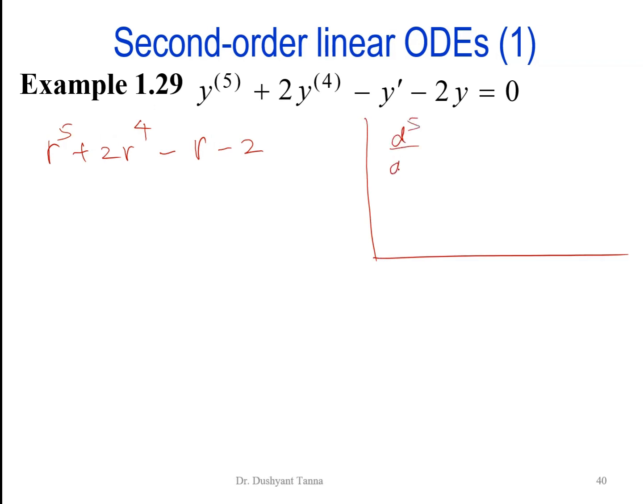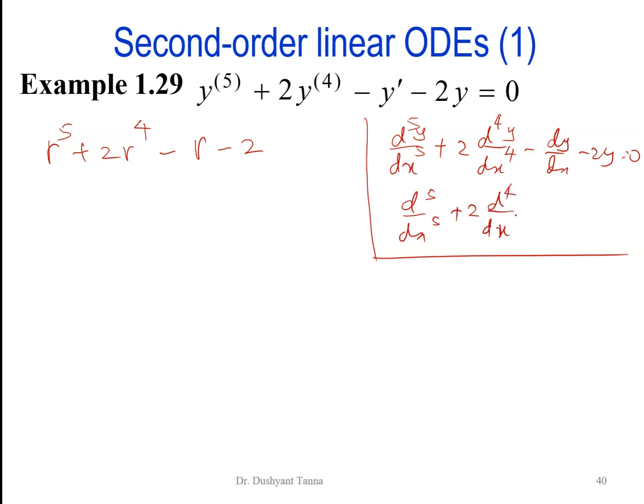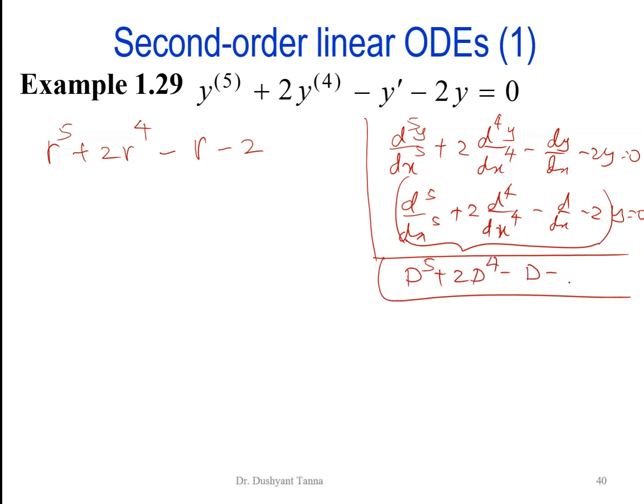D5 y plus 2 D4 y minus dy by dx minus 2y is 0, and therefore D5 plus 2 D4 minus D minus 2 of y is 0, and that's your equation. Yeah, if you want, write one more step. D5 plus 2D4 minus D minus 2, and that's your characteristic equation, right?